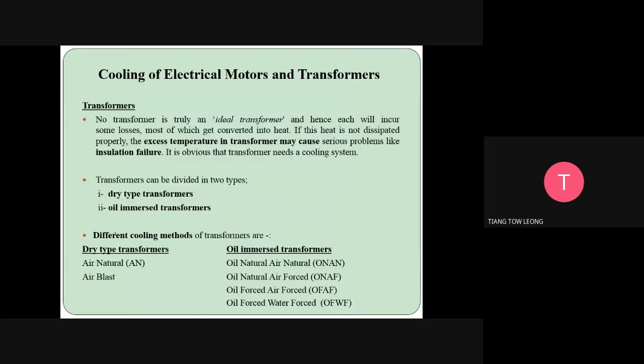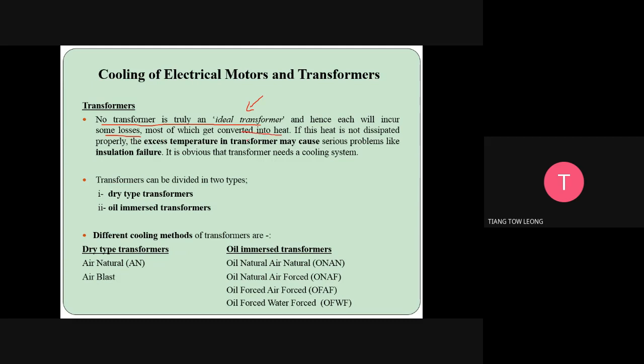Cooling a transformer. No transformer is truly an ideal transformer, which means the transformer will have losses. Ideal means there are no losses. Hence it will incur some losses, most of which get converted into heat.